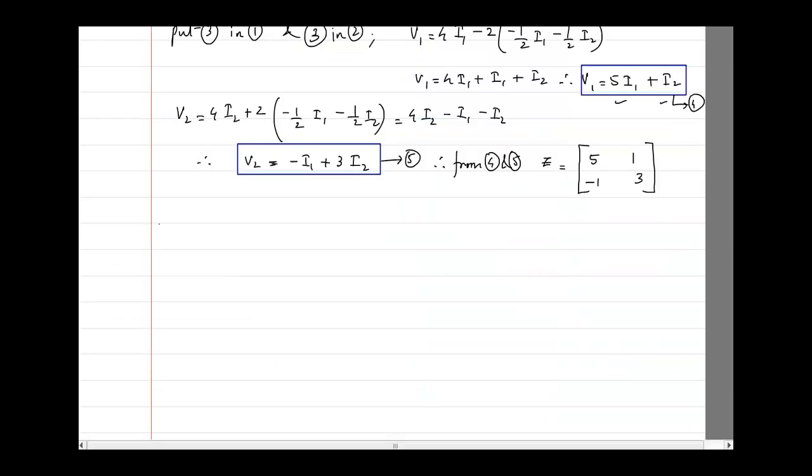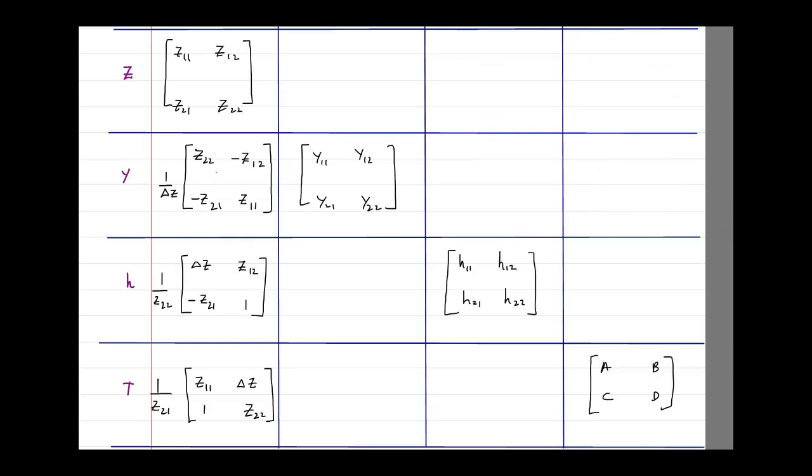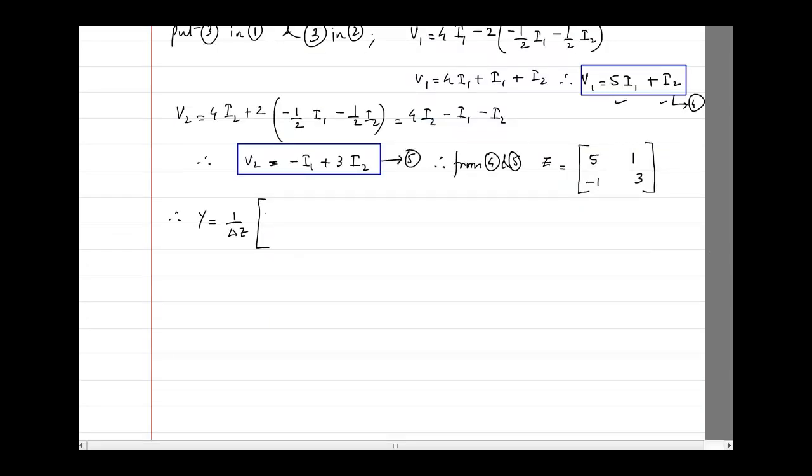So what is the y parameter? It is 1 divided by delta z, times z22, z11, and this z12 will have a negative sign, this z21 will have a negative sign. What is delta z? 5 into 3, 15, minus of minus 1, which is going to be 16.